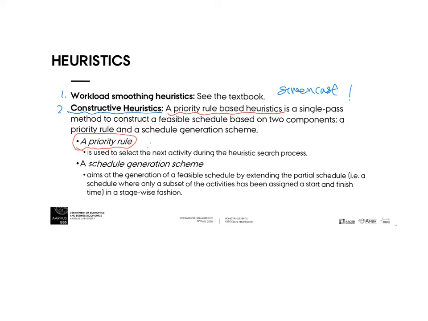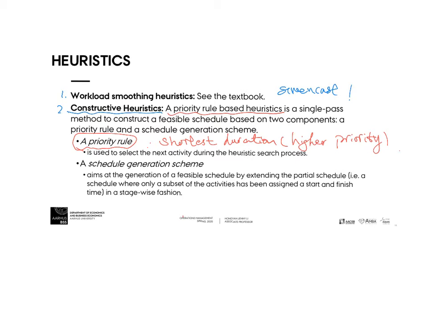For example, in this case, I'm going to use the shortest duration with a higher priority. Of course, you can also do others. You can schedule the activity which has many successors, because they will affect the future progress, or you can also use other priority rules.